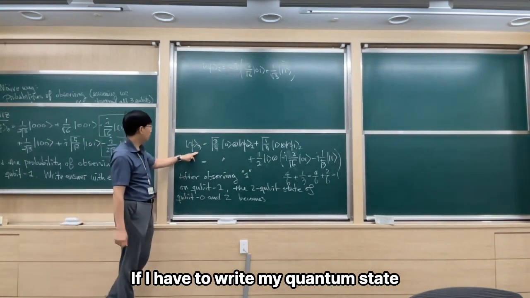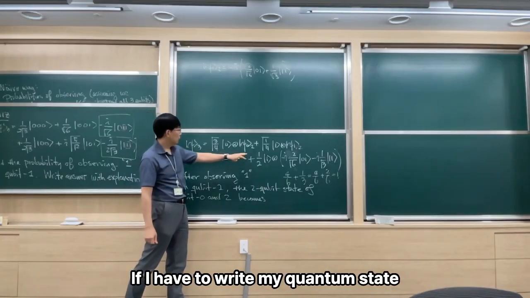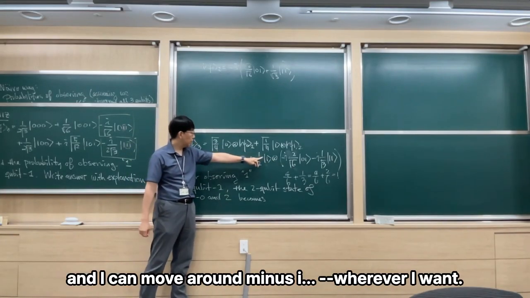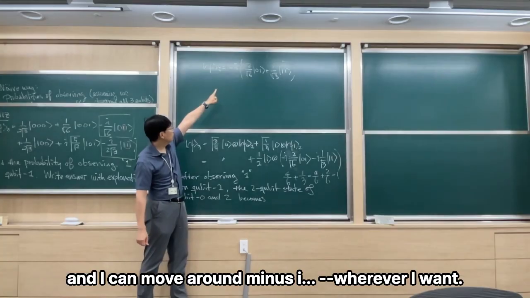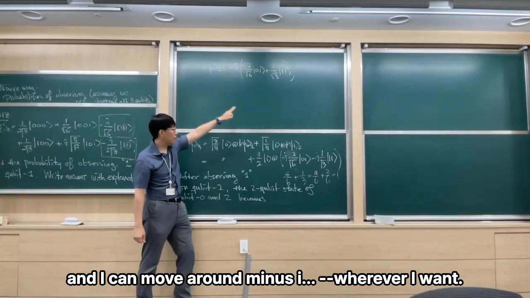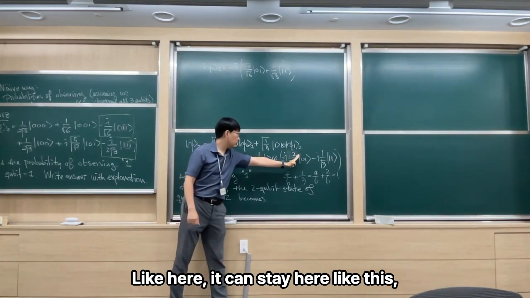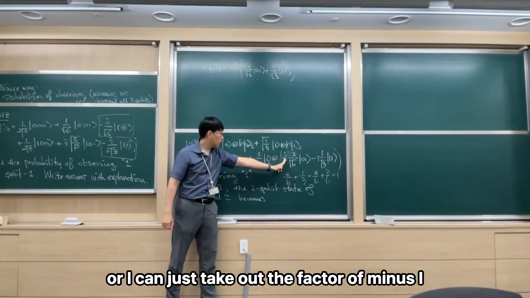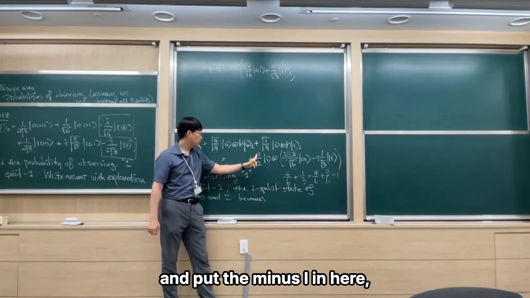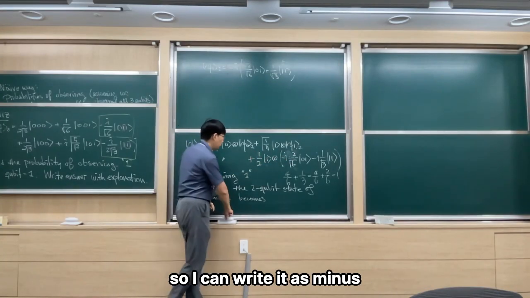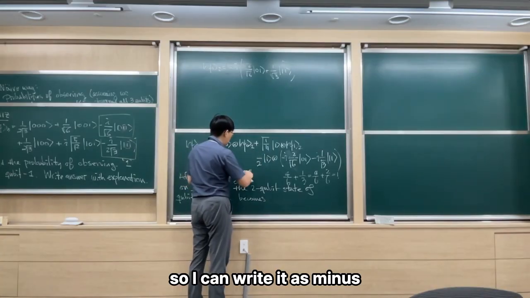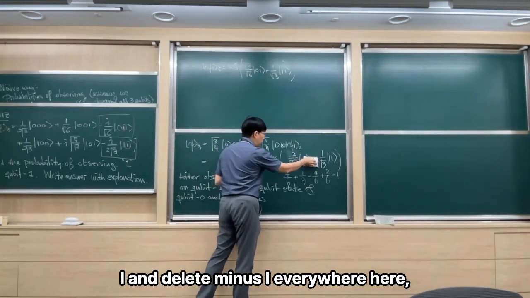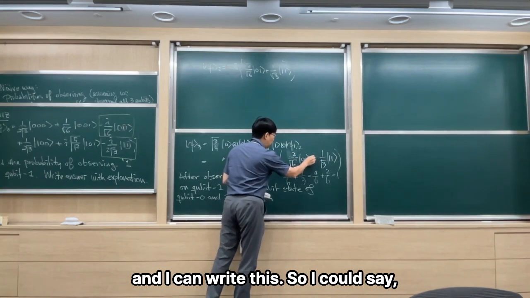If I have to write my quantum state in the superposed state of these two states, I can move around minus i wherever I want. Like here, it can stay like this, or I can just take out the factor of minus i and put the minus i in here. So I can write it as minus i and delete minus i everywhere here, and I can write this.